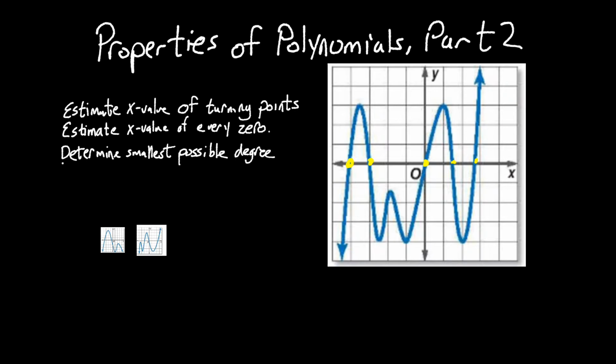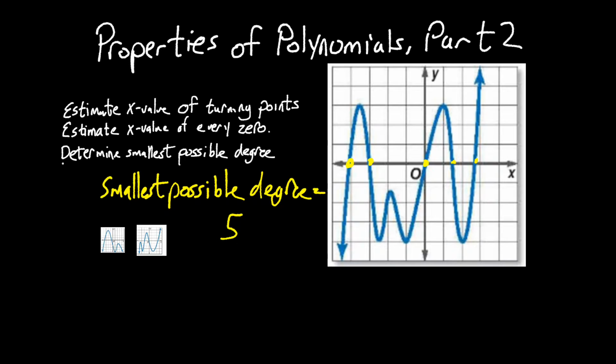So my smallest possible degree is, I'll write this in here, smallest possible degree equals 5. And that's all because I have 1, 2, 3, 4, 5 real zeros going on here.